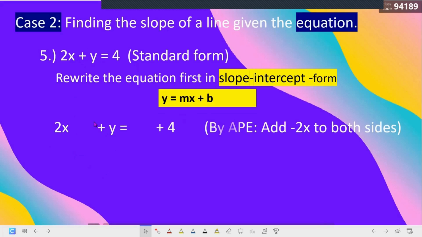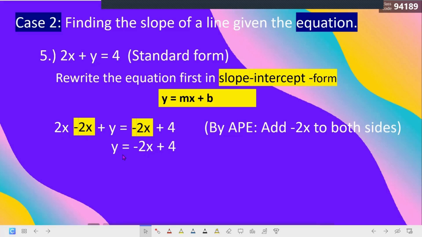And we will apply addition property of equality. From this original equation, we add negative 2x to the left side and to the right side of the equation. So this 2x minus 2x will be eliminated. That becomes 0. What is left here? Y equals negative 2x plus 4.